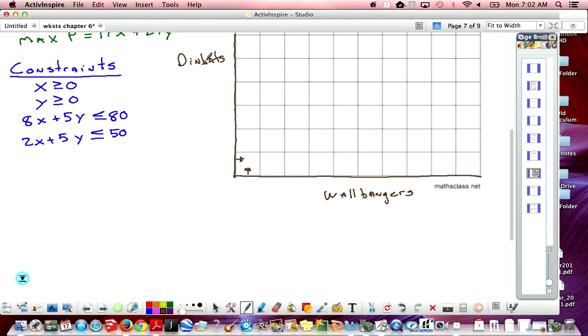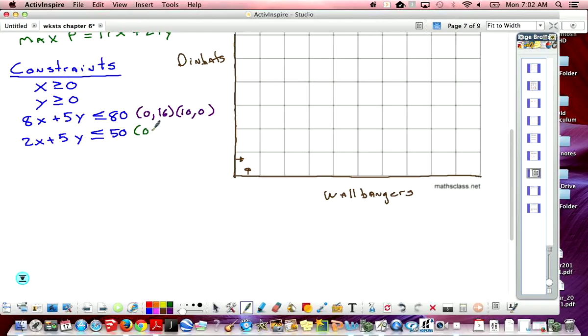So now, just like we did before, I'm going to let x equal 0, solve for y. I'm going to let y equal 0 and solve for x. So if I let x equal 0, how many 5s go into 80? Just to save you a little time, it's 16. Then I say, all right, if y is 0, how many 8s go into 80? That is 10.